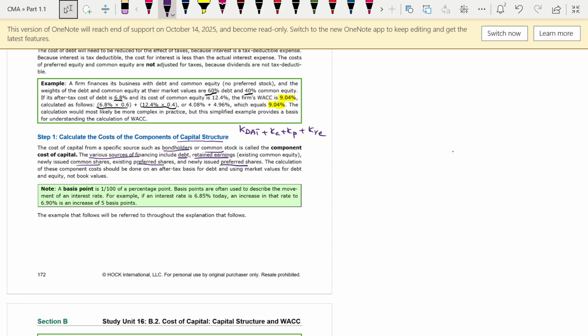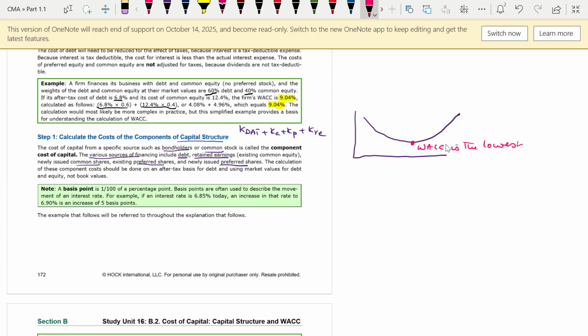What we will want to measure is this: you have a graph like this, and we want to know that the curve will be like this. We want to know the best combination where the weighted average cost of capital is the lowest.